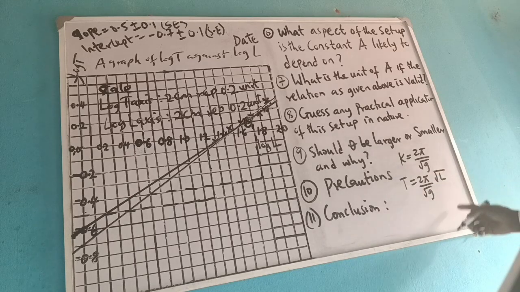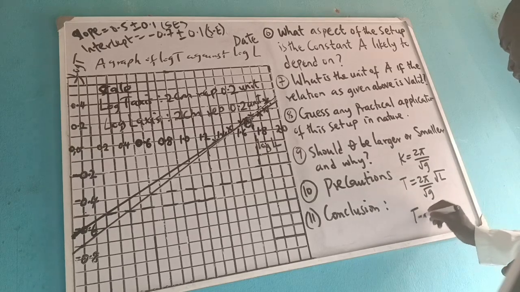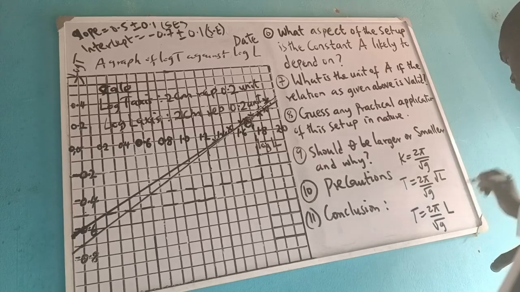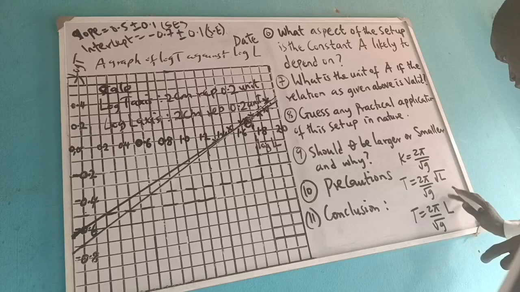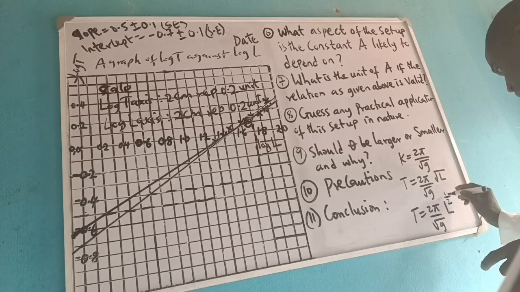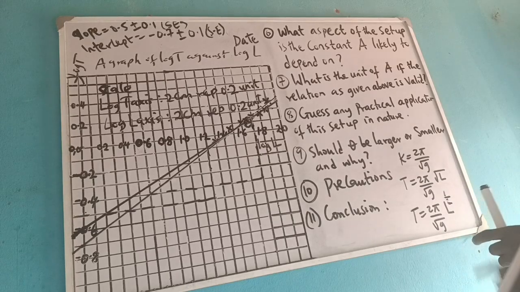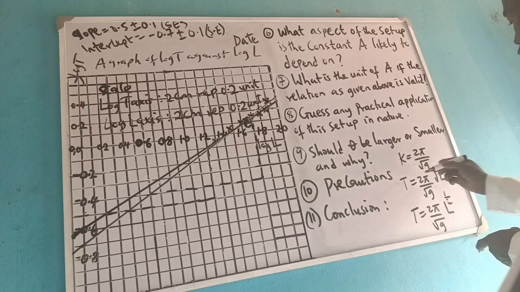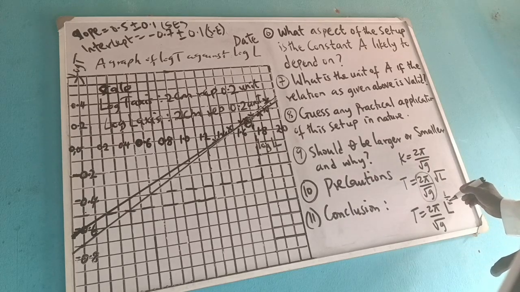There is a formula in the simple pendulum that discusses this. T equals 2 pi over root g times L raised to the power of C, where C is the square root sign you are seeing, which is 1 over 2 as the power. That means when you plot this graph, k is equal to 2 pi over root g, and the slope is equal to 1 over 2, that is 0.5.